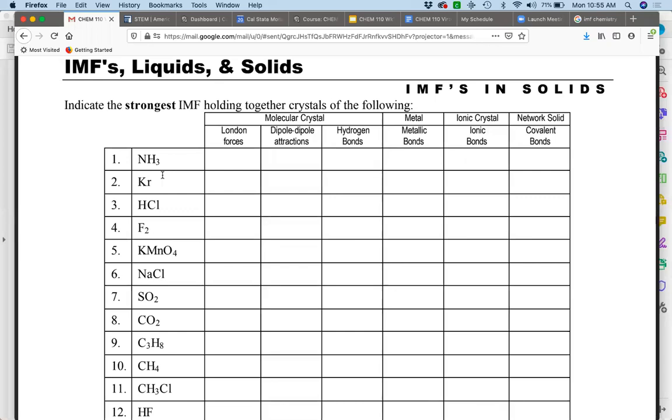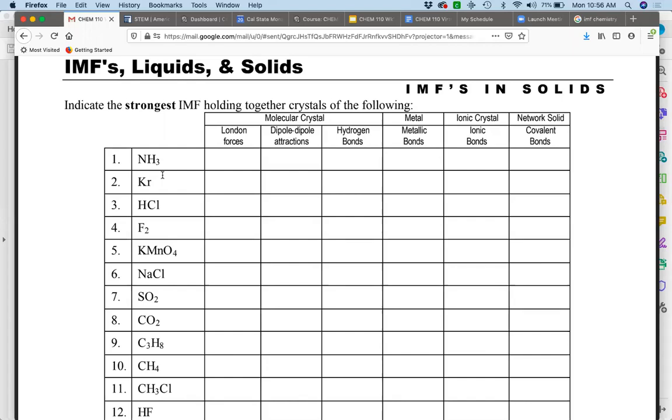Because remember, we're thinking about intermolecular forces. So these are the forces that are between molecules. So assume that I have at least two, maybe more. So in the case of ammonia, I said it would have London forces, but the strongest force would be its hydrogen bonds.